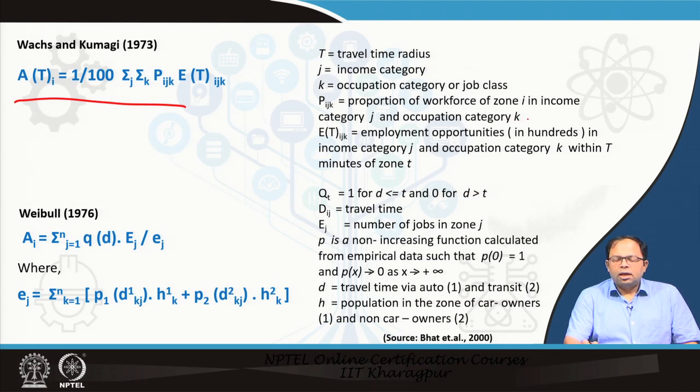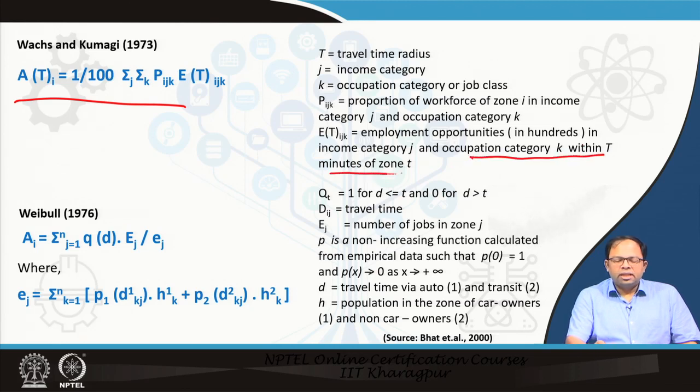So we are first looking at a particular category of workforce in one zone i, and it is an accessibility measure for zone i, where we look at occupation category k as well as income category j. So we are subdividing the workforce using these two variables, and then multiplying that with employment opportunities in hundreds in income category j, occupation category k within t minutes of zone i.